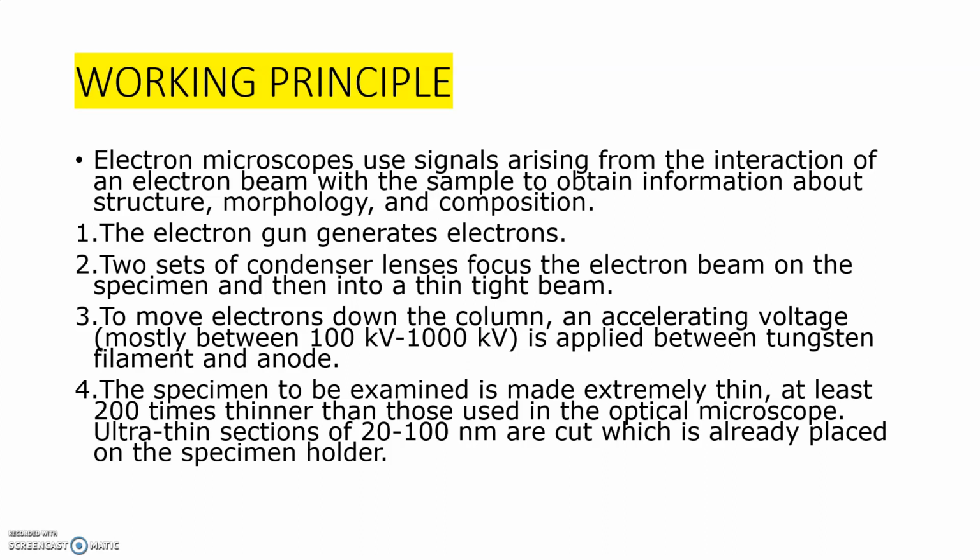The condenser lenses move electrons down the column as an accelerating voltage, mostly between 100 kV to 1000 kV, is applied between the tungsten filament and the anode.